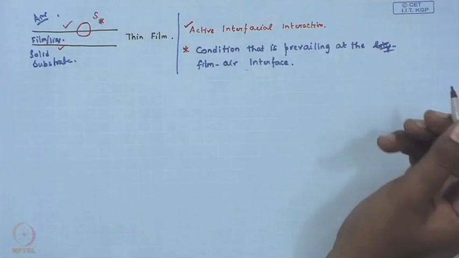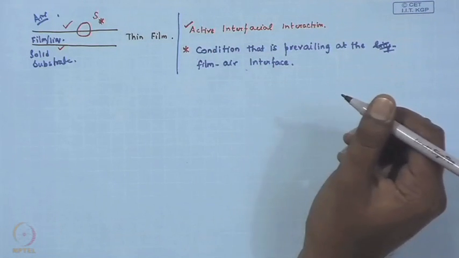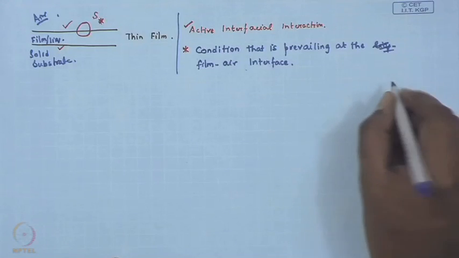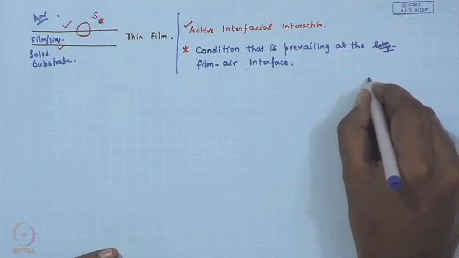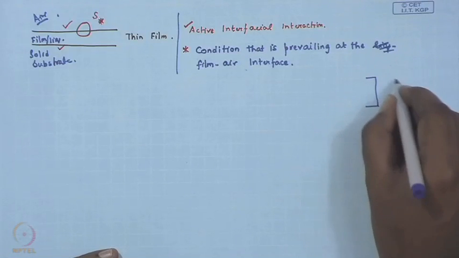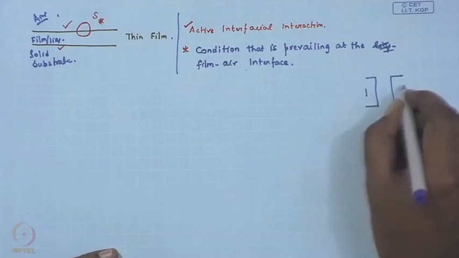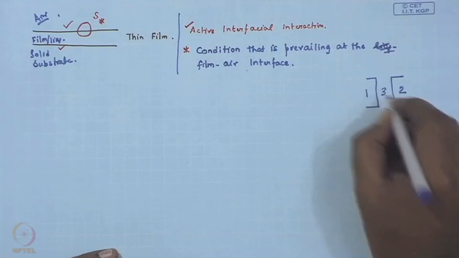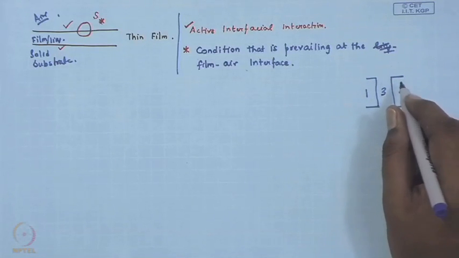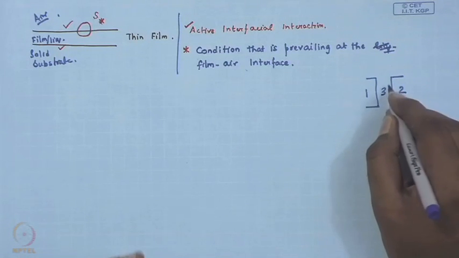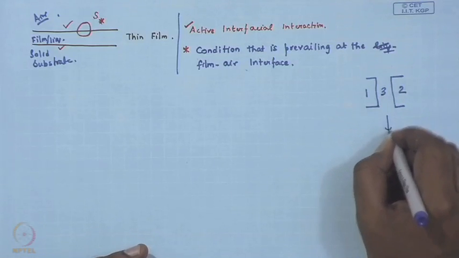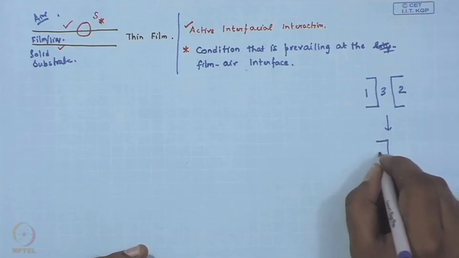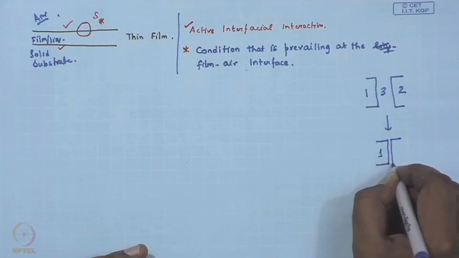So, if you are talking in terms of a coating application, you would like your film to remain stable. For example, in the previous couple of lectures back, we were talking about a situation where you have two objects, and you have a liquid 3 in between them, and they were coming in contact, dislodging the liquid 3.